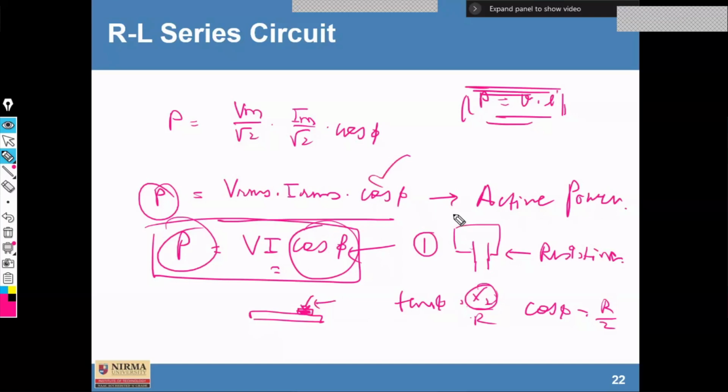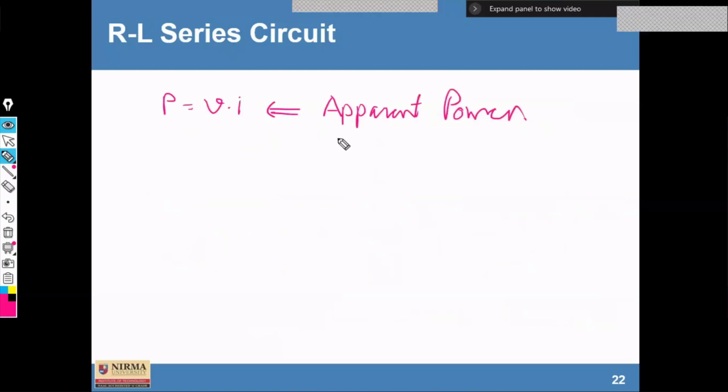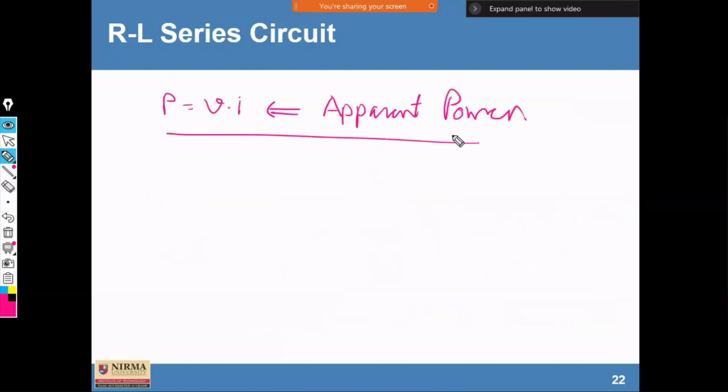Okay. Now we have seen that the power is V into I, and this is an apparent power. Till today we have learned that the power is a product of voltage and current.